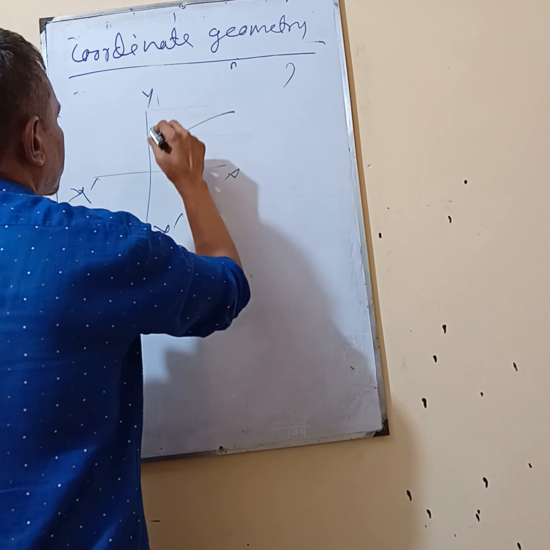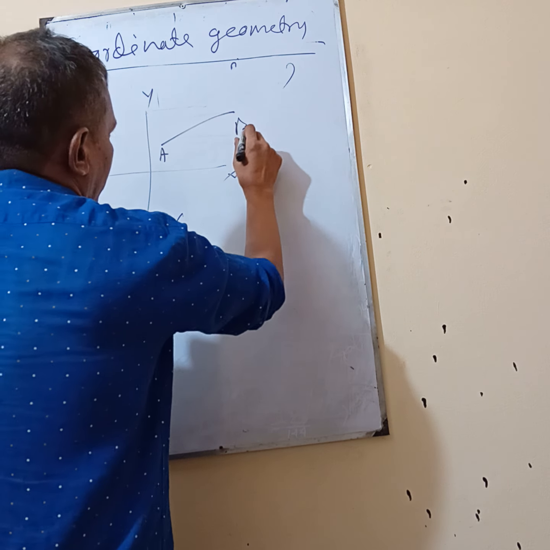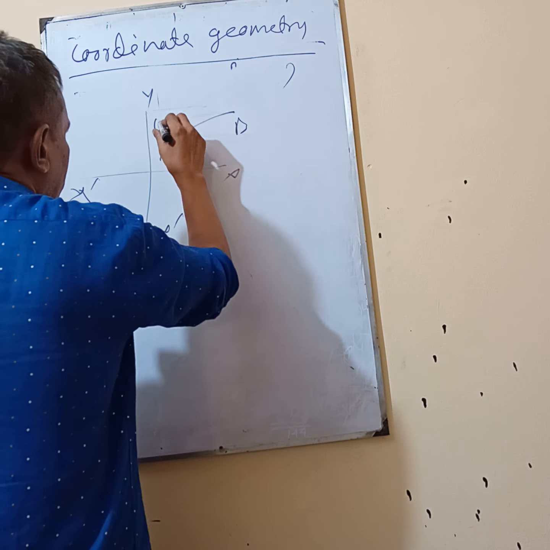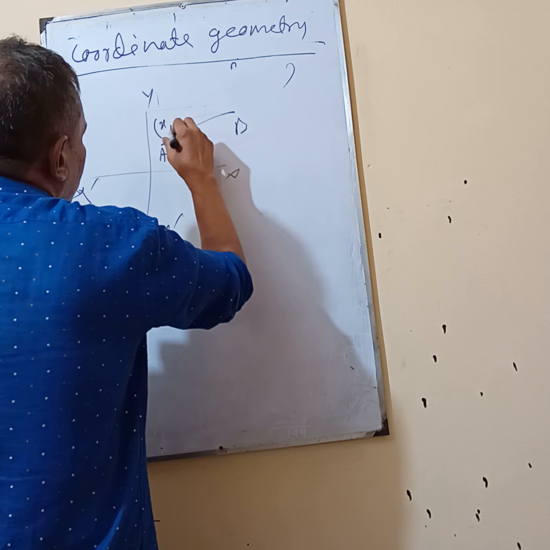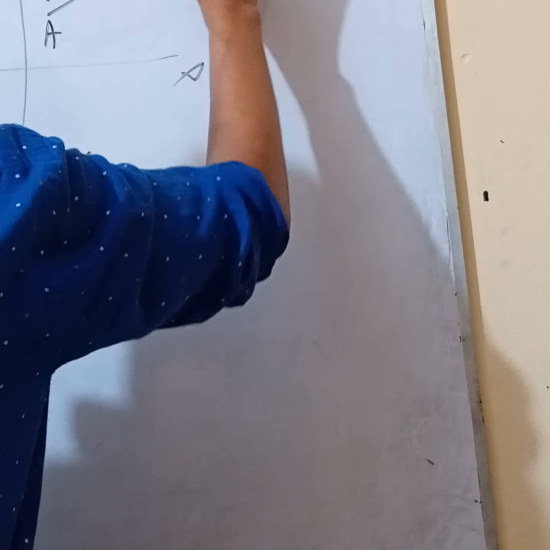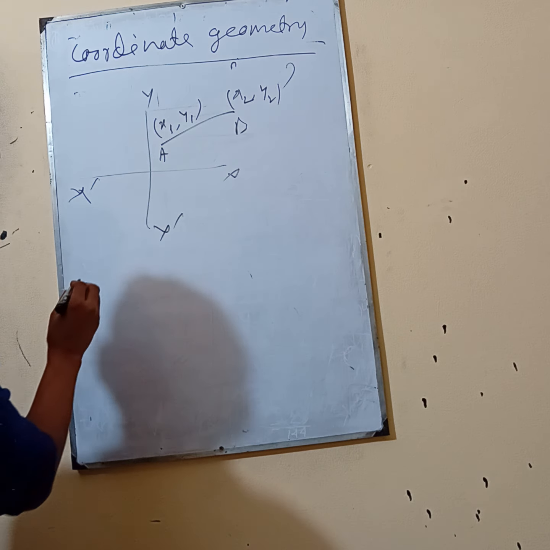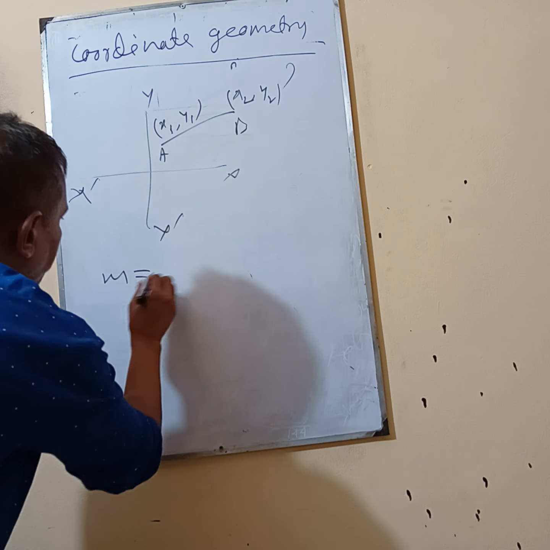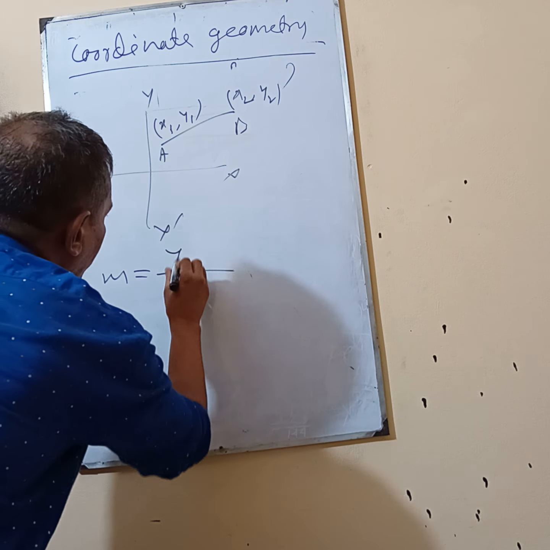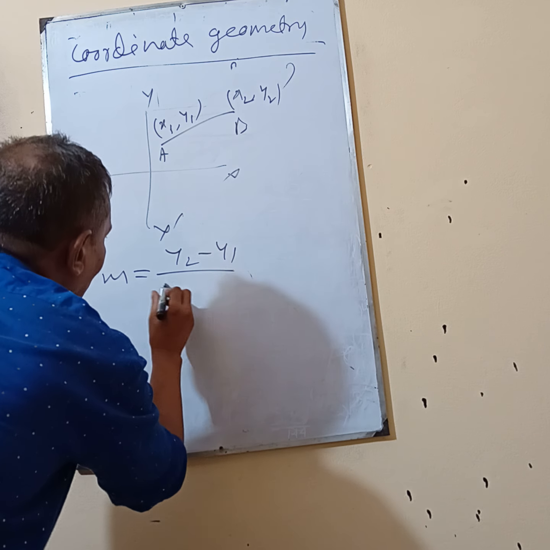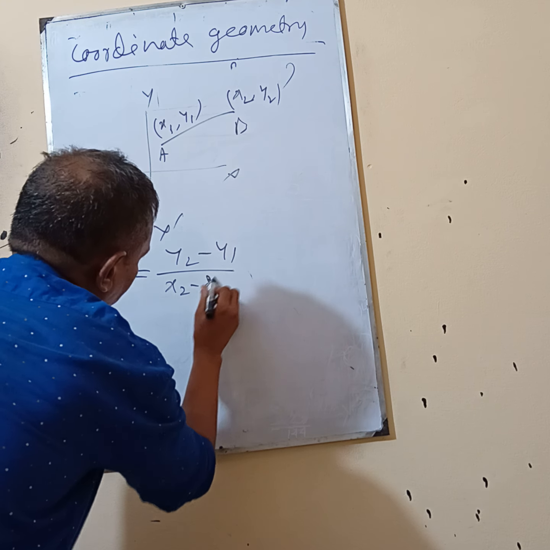Suppose this is B. B is x1, y1, x2, y2, and m is equal to y2 minus y1 over x2 minus x1.